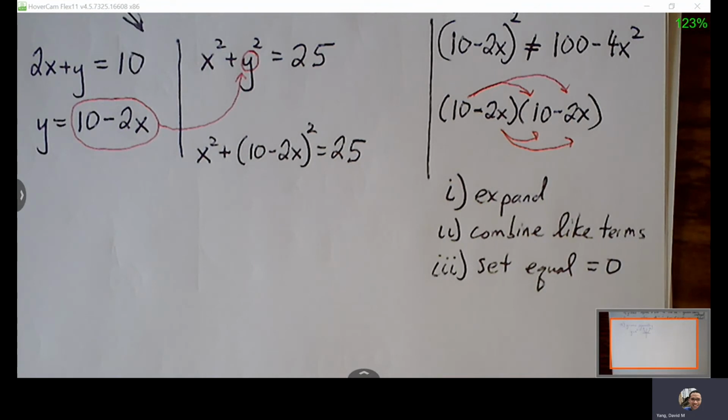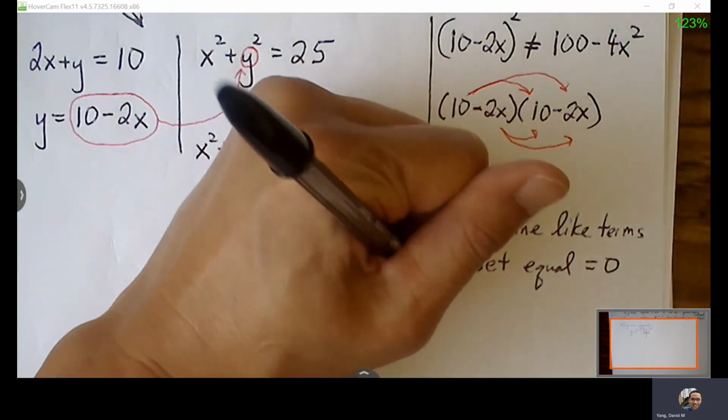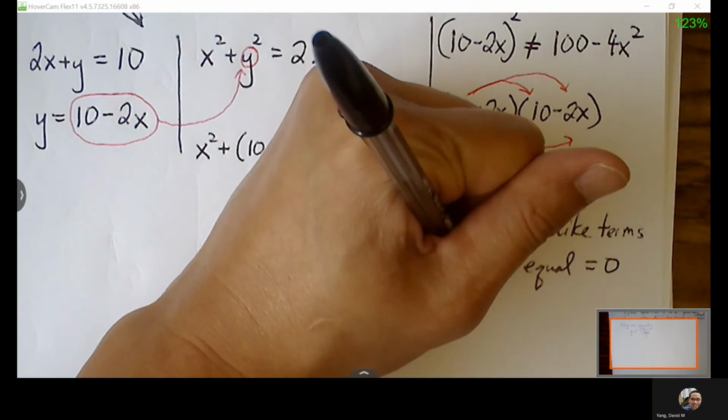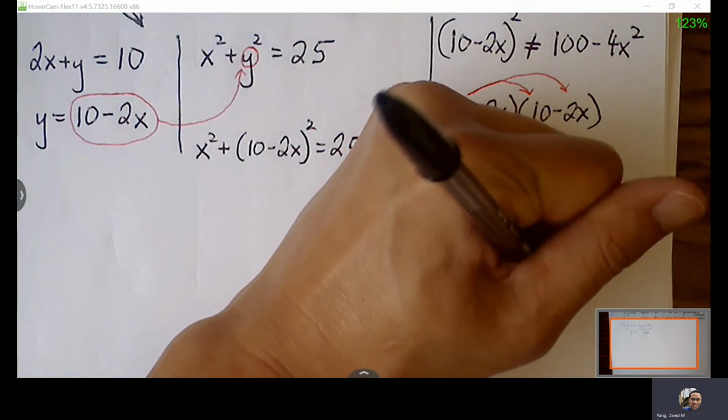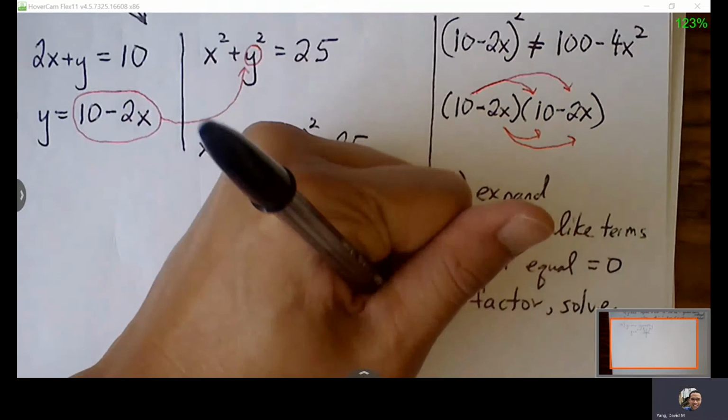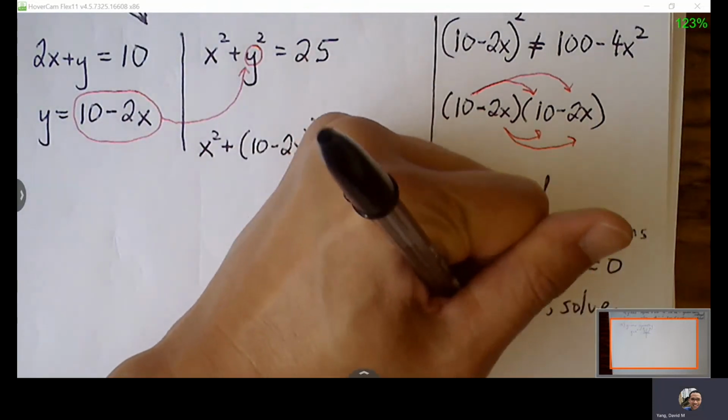So you have to make sure you bring everything over to one side first and clean everything up before you go through that factoring step. Take the steps that you need to factor, and then solve, and then finally you're going to find your ordered pairs.